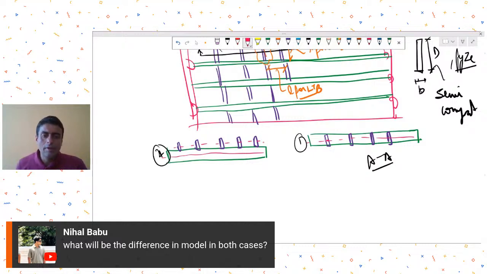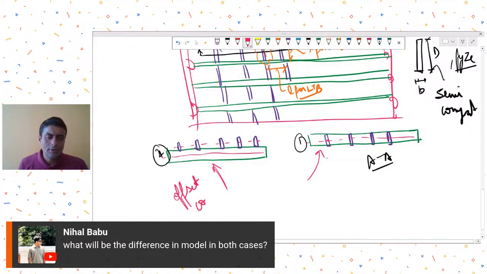In the model, it may be difficult to do it physically unless you are making an actual plate-like model. If you are doing frame modeling, it will be difficult to create this model too, because the default setting will be that it creates a model like model 1. So model 2 will be slightly difficult to create, but you can use the offset commands available. Using the offset command, maybe you can create this model too.